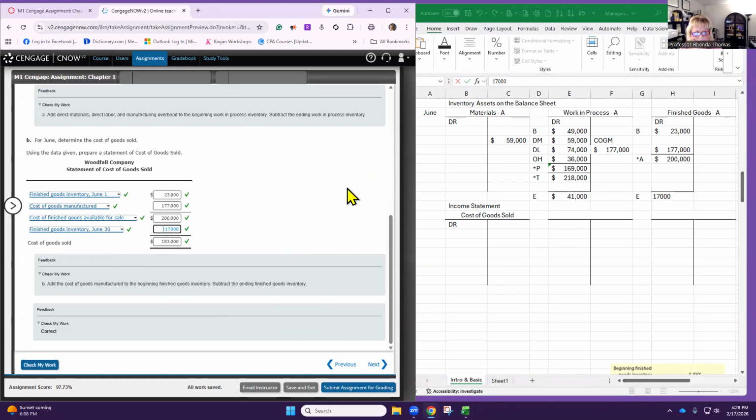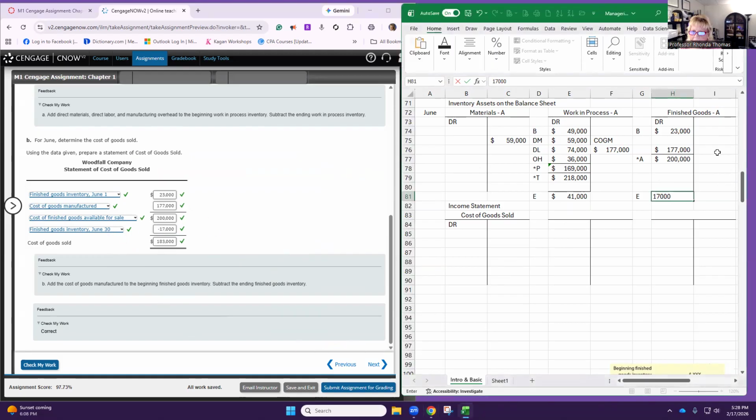All right. So what this does is this says that here are the goods that were sold, right? They come out of finished goods, and it is 183,000. When it comes out, it goes in cost of goods sold down here. Yep. So that's evaluating it. It leaves the balance sheet and goes to the income statement.